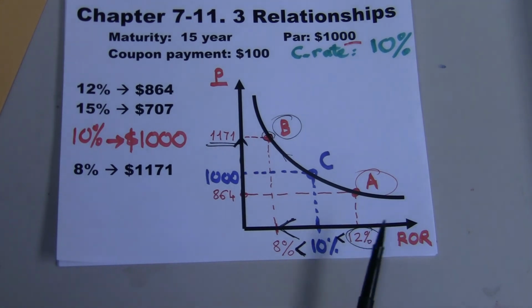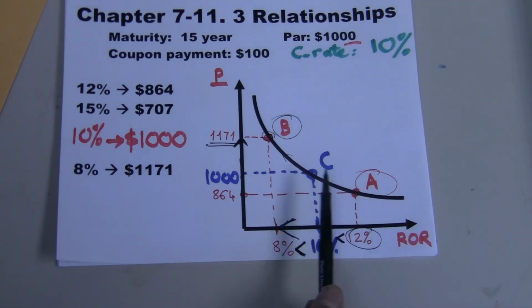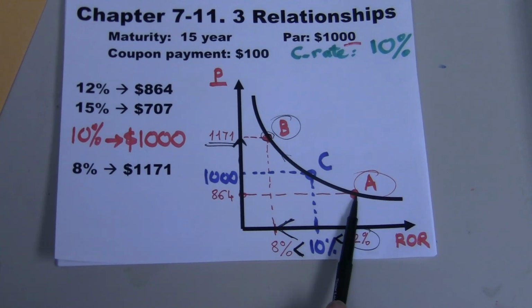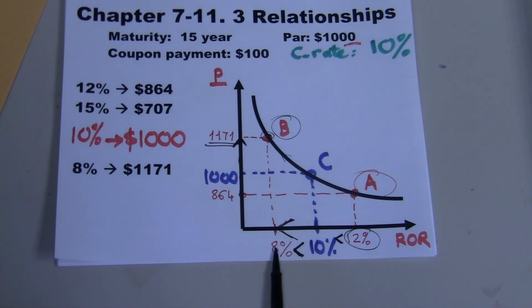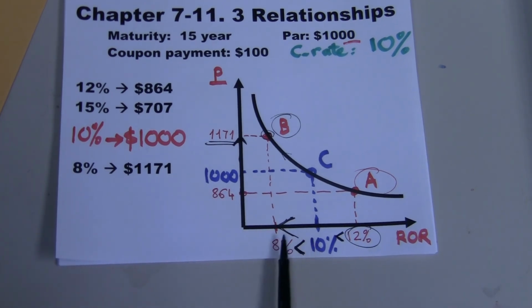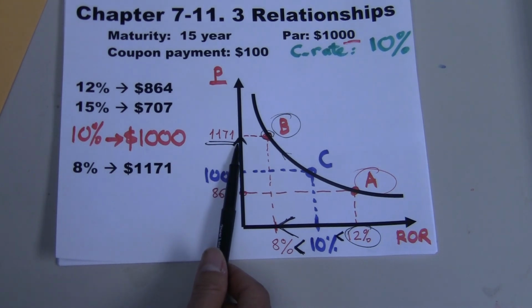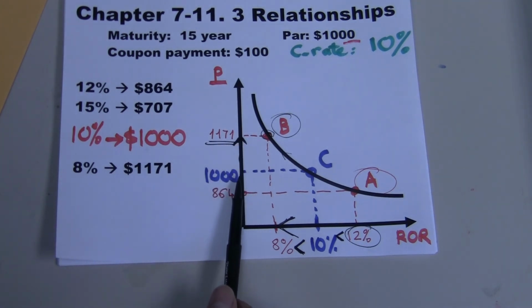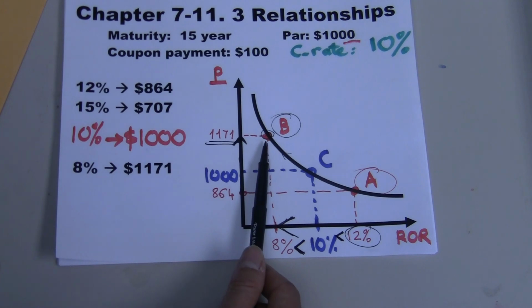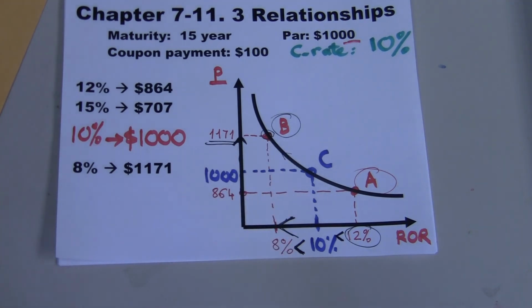And next, if the required rate of return is higher than the coupon rate, the price of the bond is less than the face value, and the name for that is discount bond. On the other hand, if the required rate of return is less than the coupon rate, price of the bond will be higher than the face value, and the name for that is premium bond. Okay, thank you.